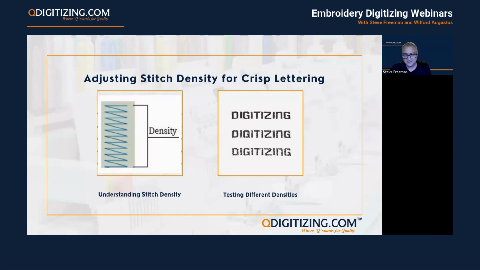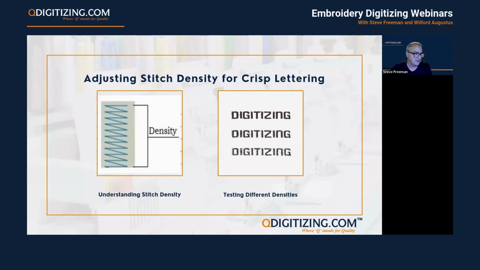You need to tell your digitizer, please add density to the letters. Because doing what we do, we use general settings because we believe that this has worked on many other products in the past, so this is what we're going to use as a stepping off point to do the digitizing.